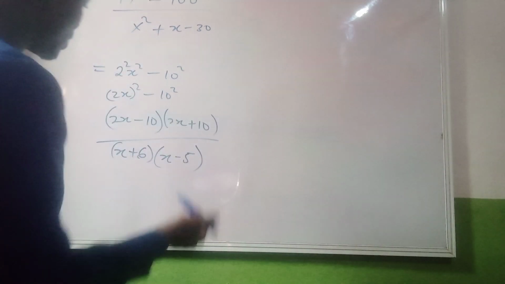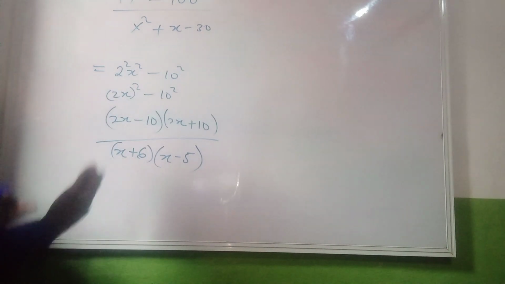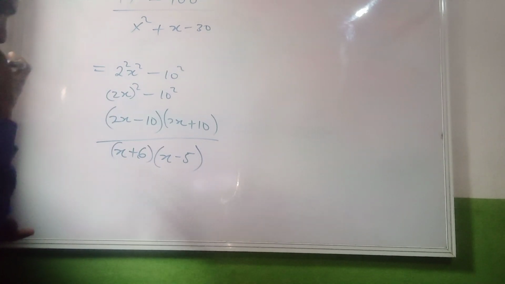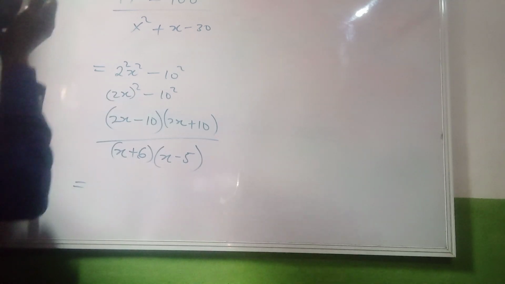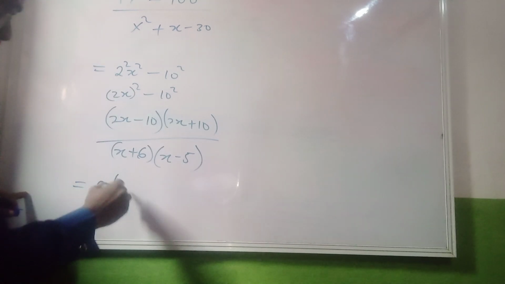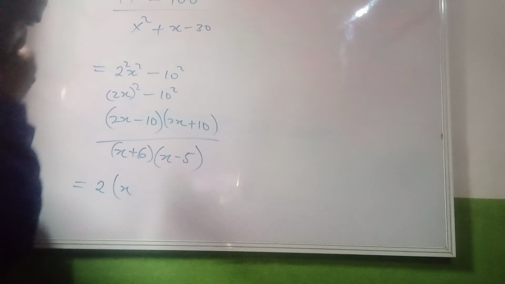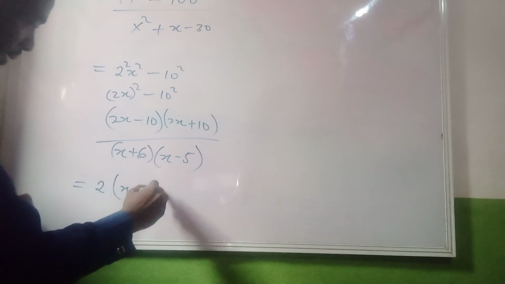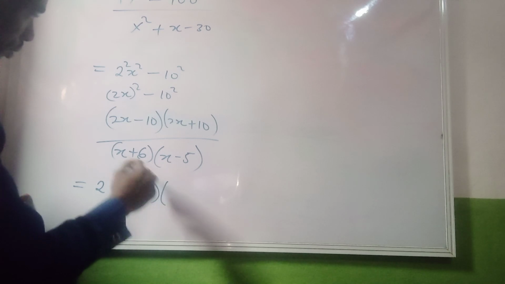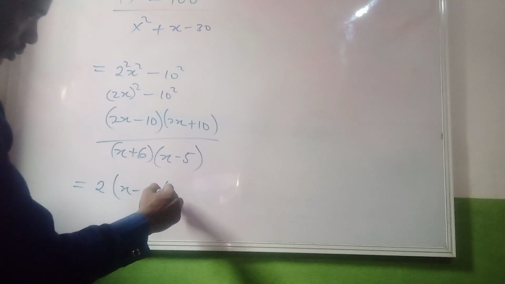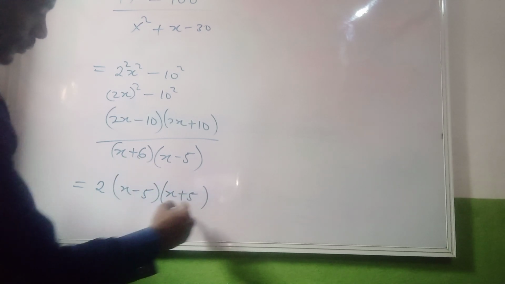Now, how does this relate to this? Here we can factorize 2 out of 2x minus 10, giving 2 into x minus 5, and 2x plus 10 gives 2 into x plus 5.